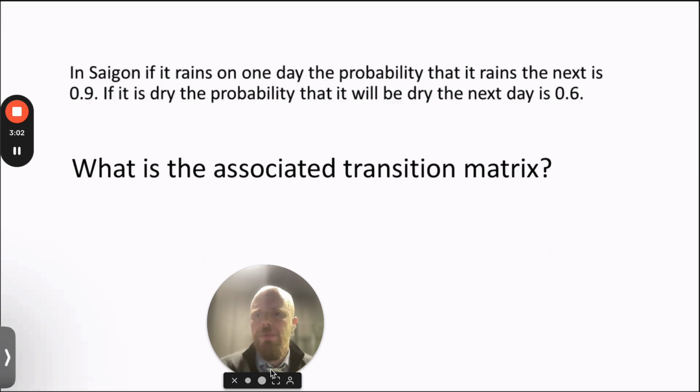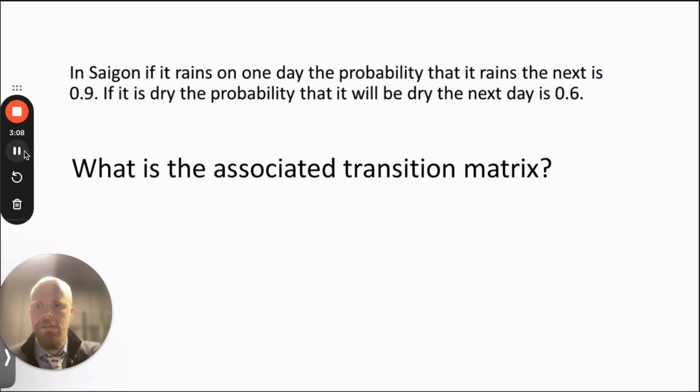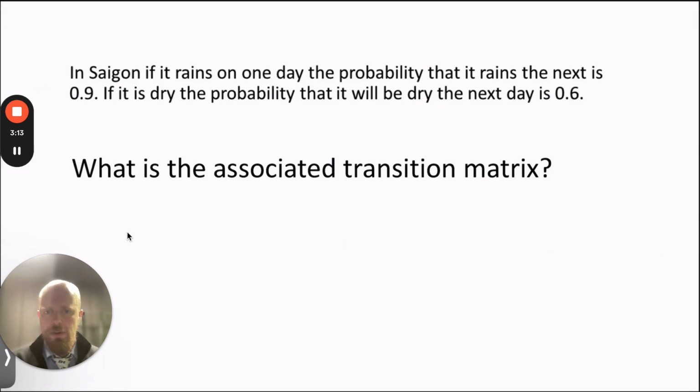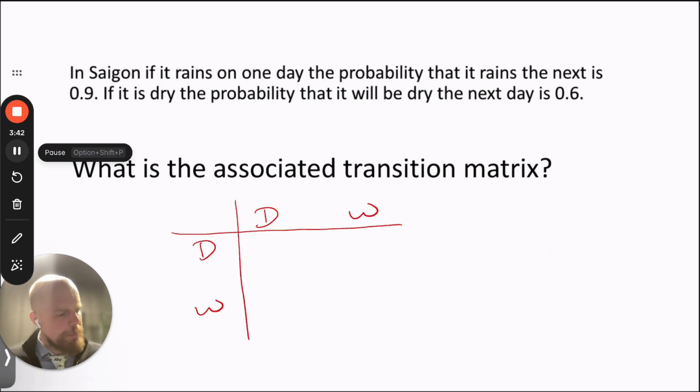So here's a question. In Saigon, if it rains one day, the probability that it rains the next is 0.9. If it's dry, the probability that it will be dry the next day is 0.6. Now, the associated transition matrix, remember, we'll start with dry, and then we'll go wet, or rain, dry, and wet. Now, if it's dry one day, the probability it's dry the next is 0.6, so that goes here.